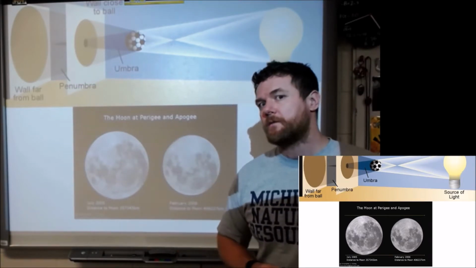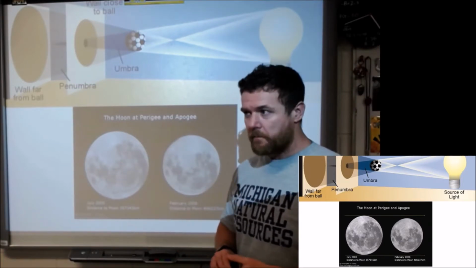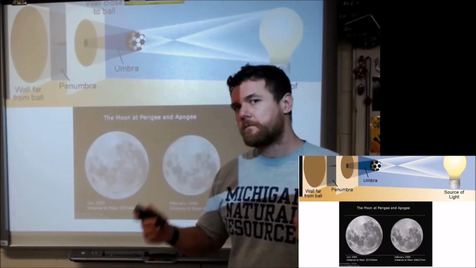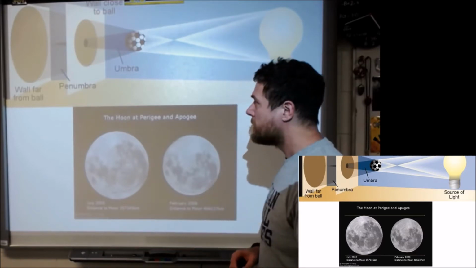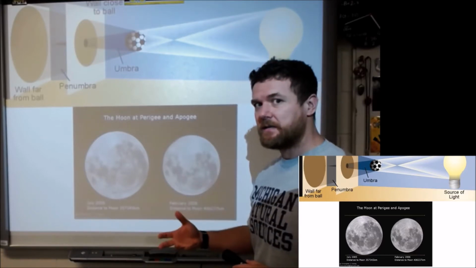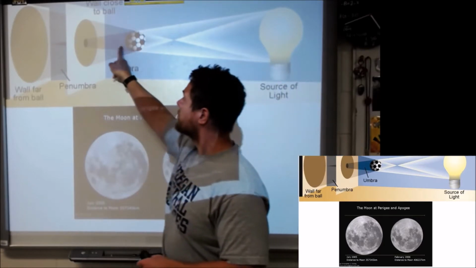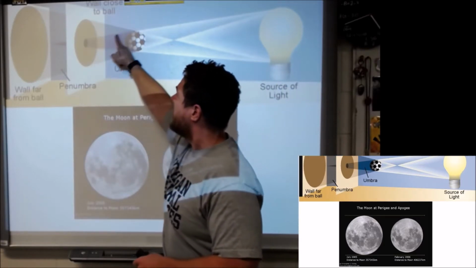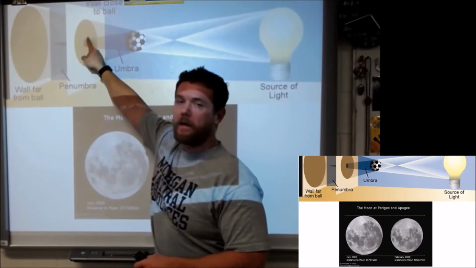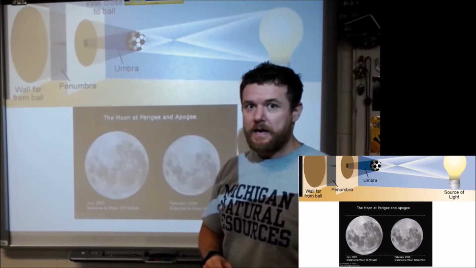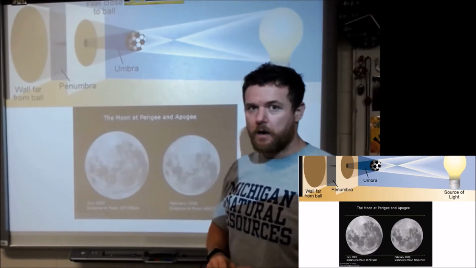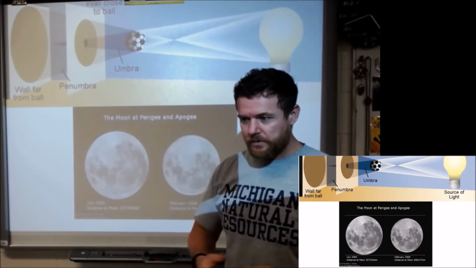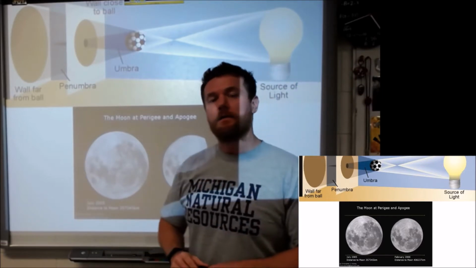We're going to learn a new word, and that is umbra. It's a weird word. It's really only used in astronomy, but umbra is Latin for shadow. And so if you have a shadow falling on the surface of a planet, you are in the umbra. If you are looking at a total solar eclipse, you are in the umbra.